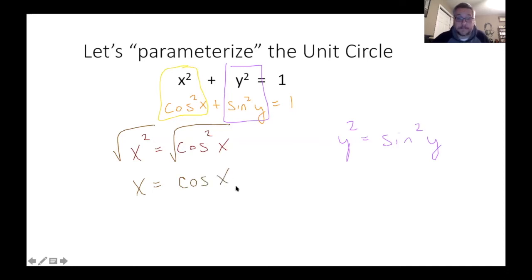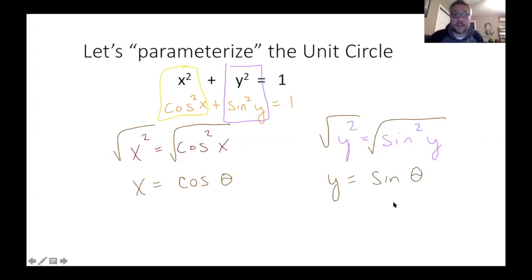And actually what I'm going to do is change from x to theta, because after all, in the unit circle, we're going to be looking for the angle. And what if we do that over here as well? I take the square root of both sides, so we have y equals, the square root of sine squared is just sine, but now I'm going to change it to theta. Sorry about that. Hopefully that doesn't throw you off too much.